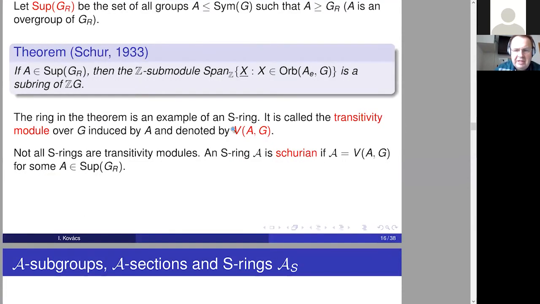So this is clearly an S-ring, and it is also called the transitivity module over G induced by A, and I will use this notation. Well, not all S-rings are transitivity modules, and because of that it makes sense to say that an S-ring is Schurian if it can be obtained by Schur's theorem: there is a permutation group such that the orbits form the basic sets.